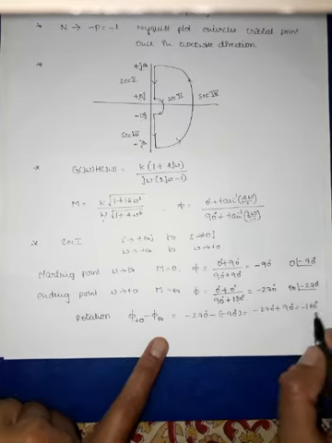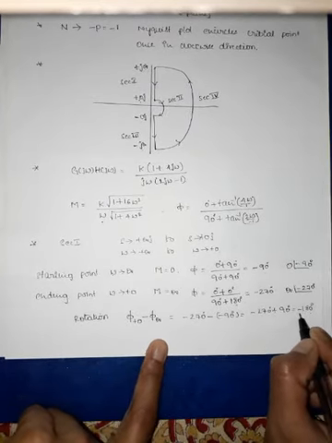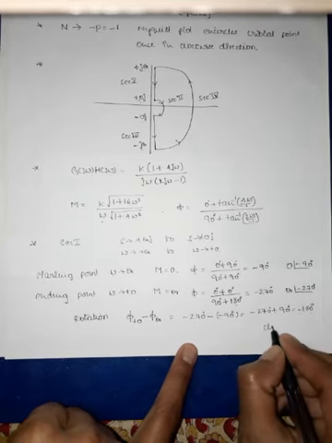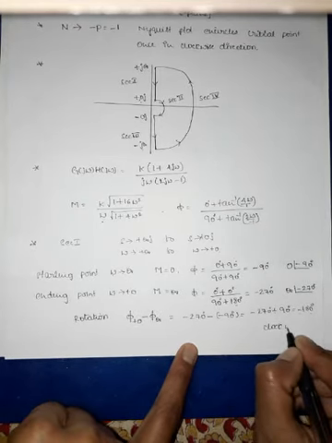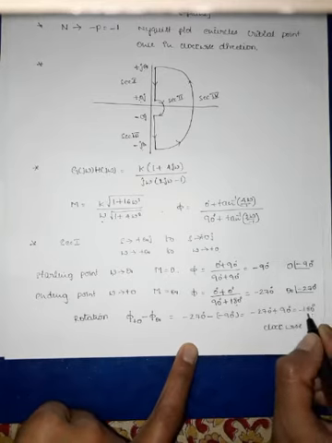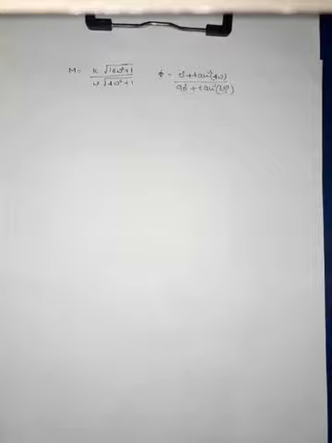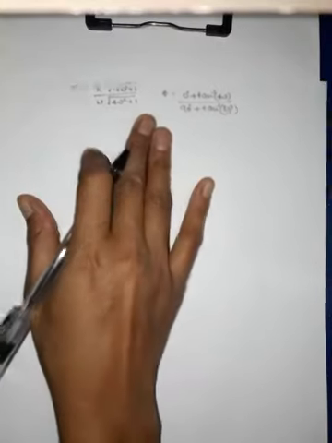So we got the angle as 180 degree with negative sign. That means we need to plot the Nyquist plot in the clockwise direction with an angle of minus 180 degree.